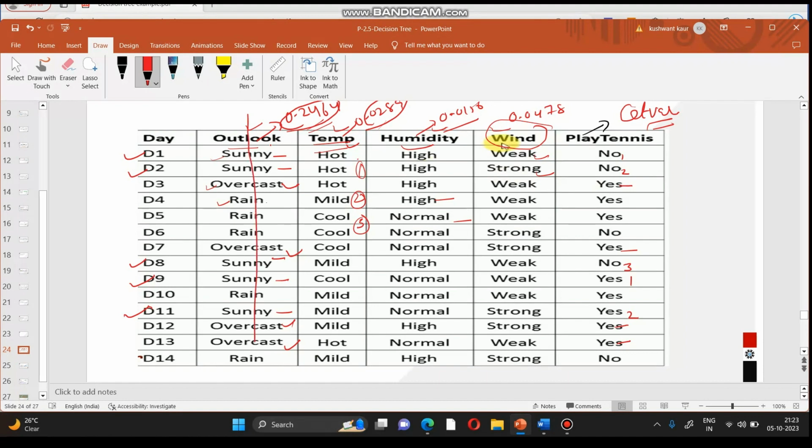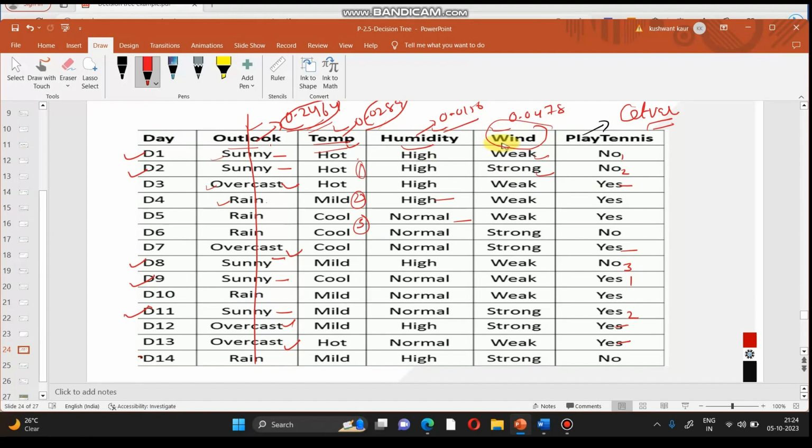So this will be discarded for the further solution. When we design the subtree, outlook has already been declared as the parent node because it had the highest information gain among all the 4 attributes. In the further decisions about subtrees, the parent will not be included, because the parent can't itself be a subtree node.